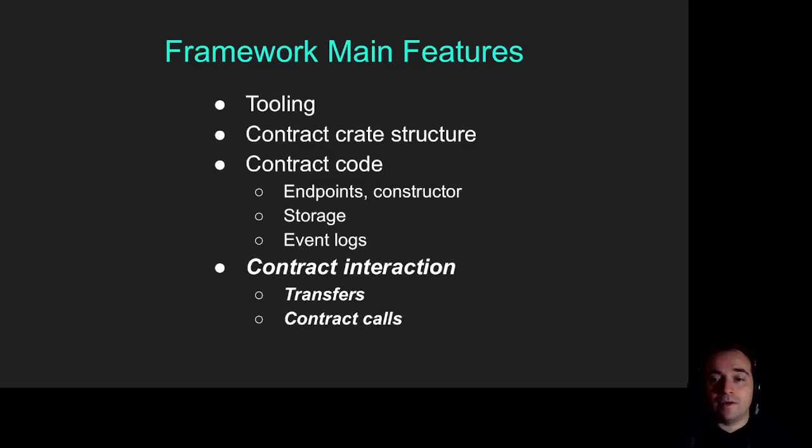We did talk a bit about how a smart contract looks like, what the structure of the crate is, what kind of files you would expect in such a project. We did talk a little bit about contract code, about the absolute basic elements of code like endpoints and constructors and storage and event logs. And then ultimately we talked a bit about how smart contracts do things and send the money around, for instance, or call other contracts and so forth.